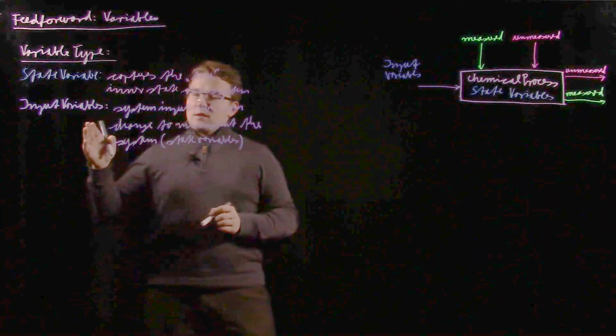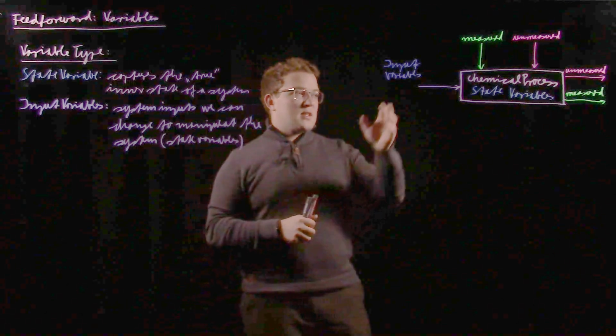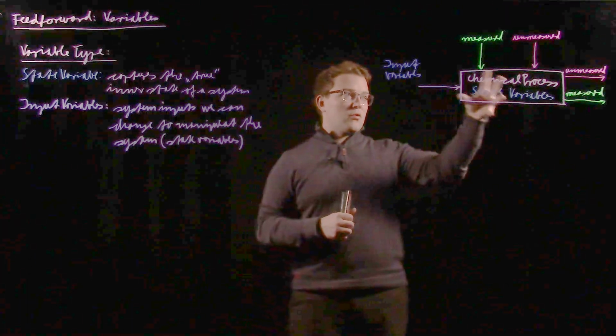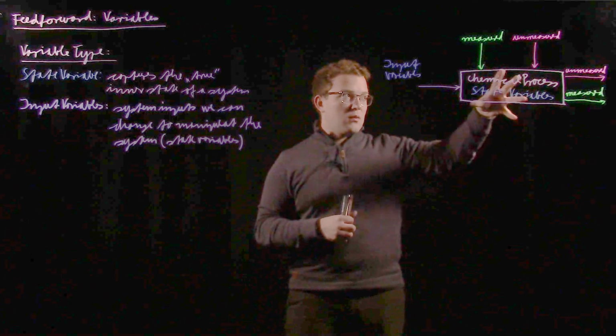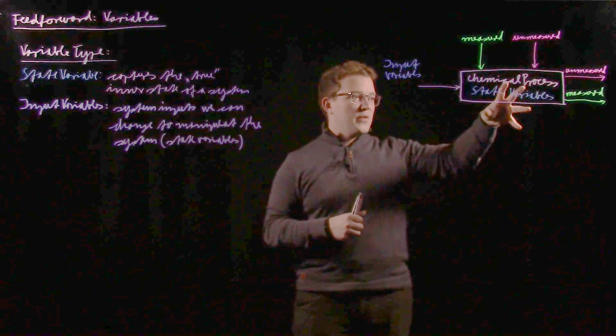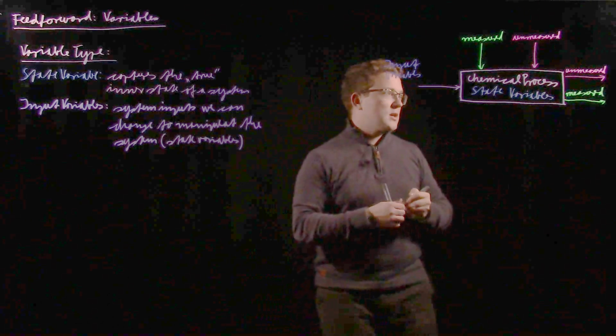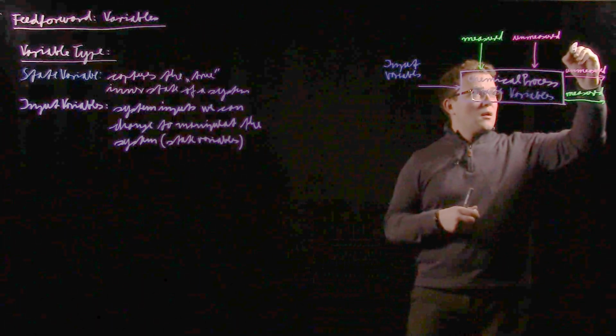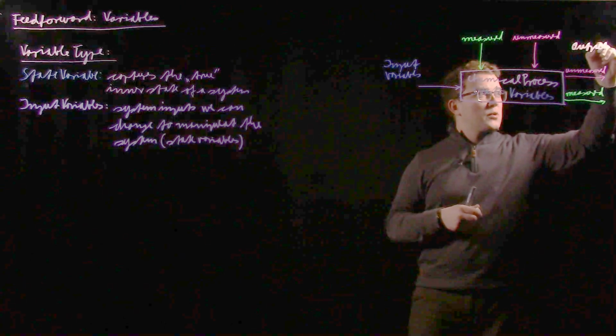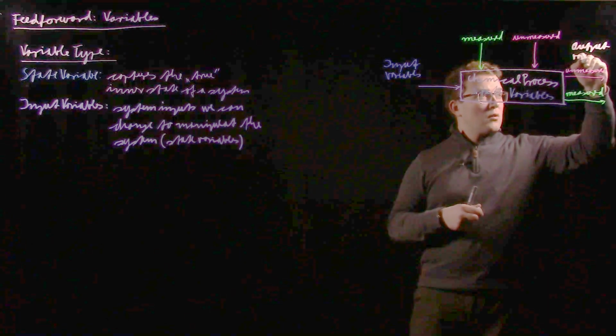Besides the state variables and the input variables, we also have the result of the inputs going through the chemical process or the process we want to control. And then we measure the output variables. So we can note here the output variables.